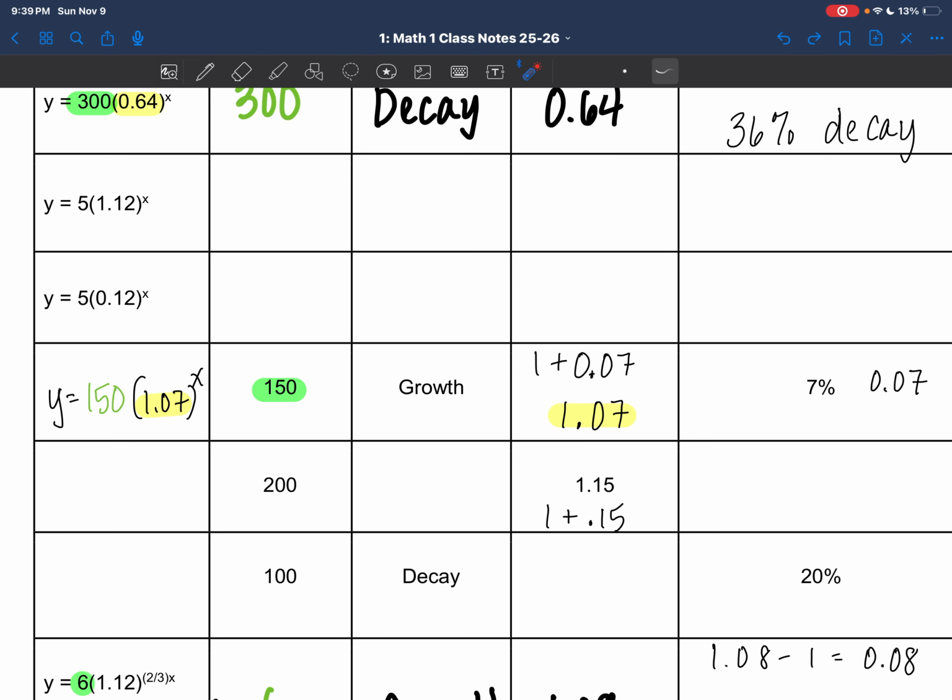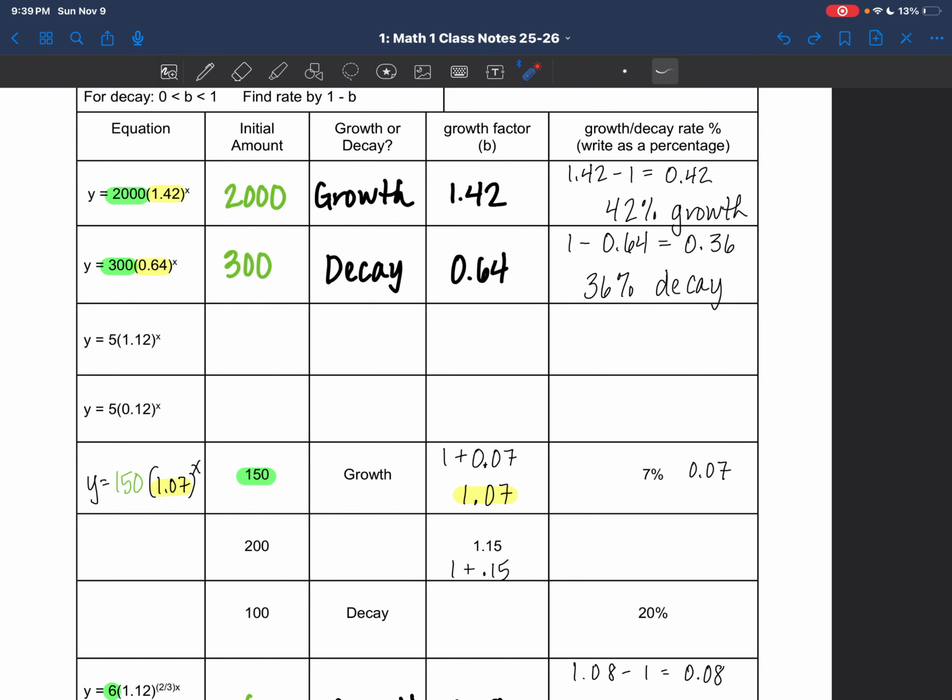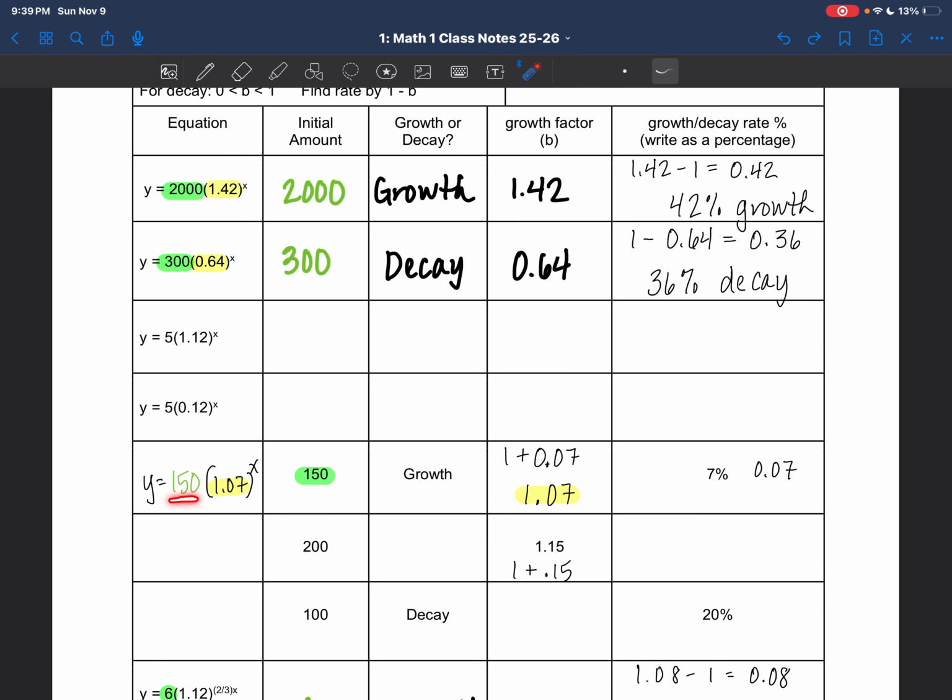For this one, we're working backwards. It gave us 150 as the initial amount, so I know that's going to be my A value. We know it's growth, so it has to be greater than 1. Let's see, what did it give us?